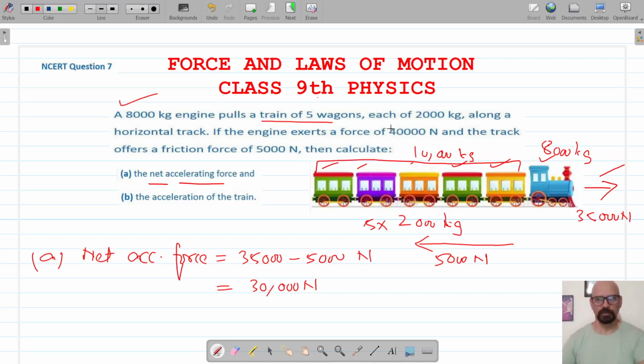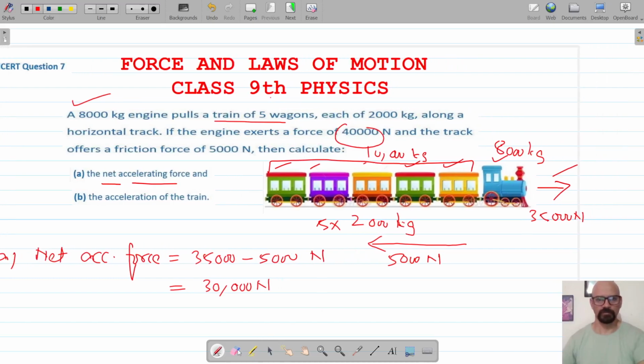Sorry, it exerts a force of 40,000 Newton. So this is 40,000, and the net accelerating force would be 40,000 minus 5,000, which would be 35,000 Newton.